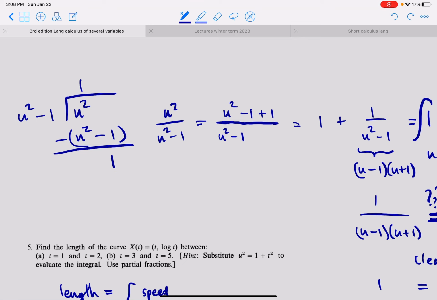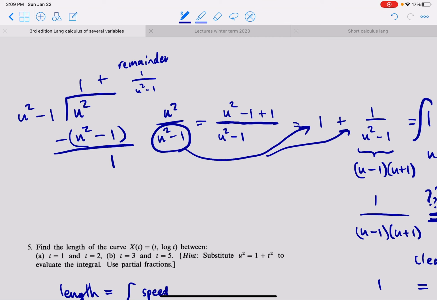So what do I get? I get u squared minus 1 goes in once to u squared, plus a remainder, and the remainder is 1 over u squared minus 1. And anyway, you can check by multiplying this denominator through here, and you get the right thing.